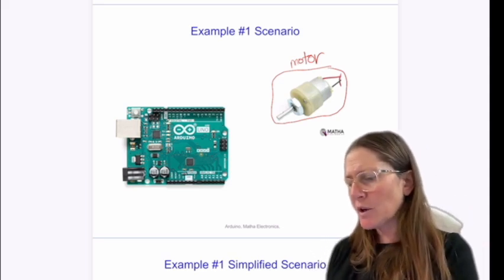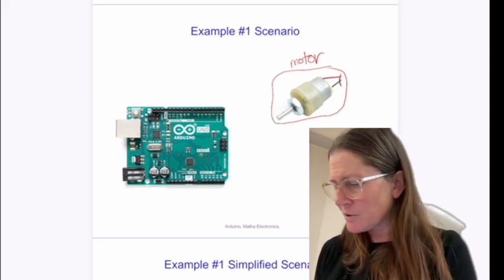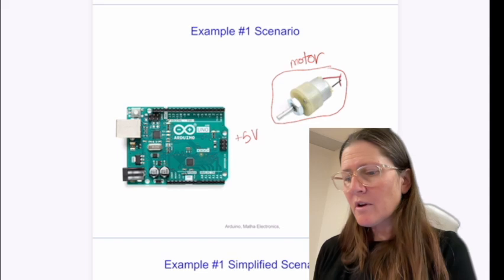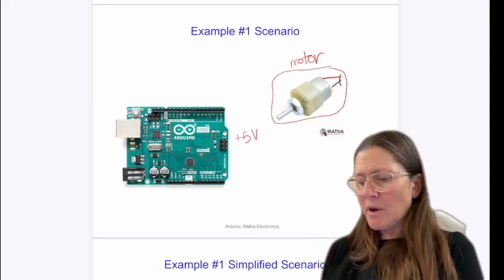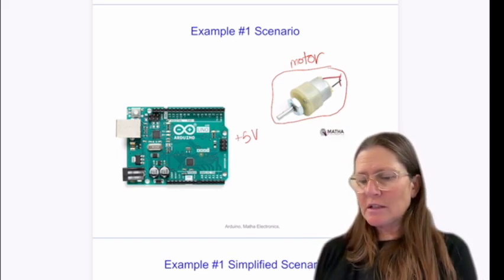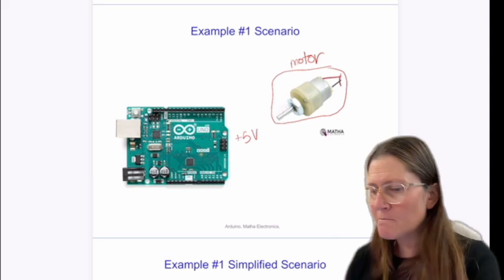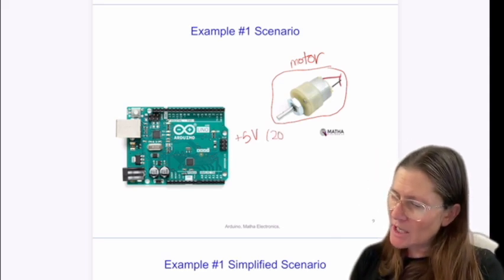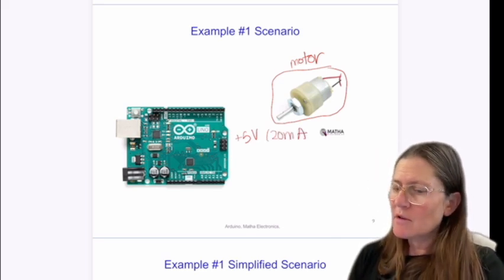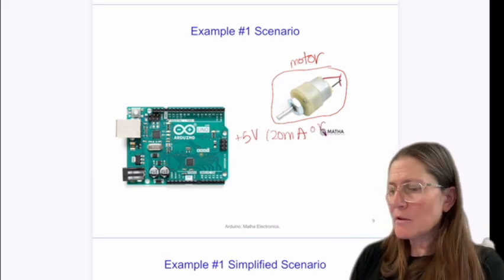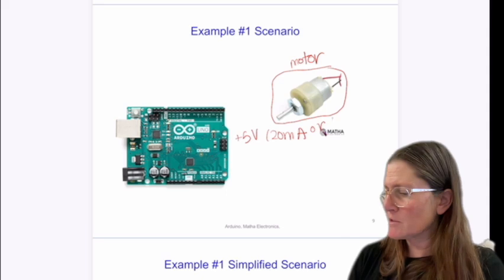Okay, the specs of the Arduino, you have 5 volts. But the thing about the 5 volts is that it's limited, so it can get to be 20 milliamps or 40 milliamps, depending on which pin you're actually using.